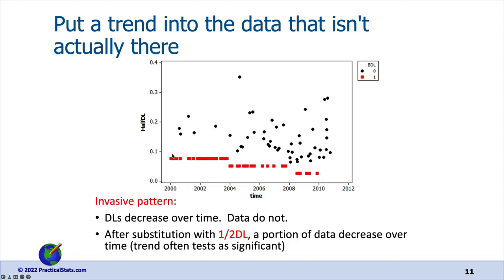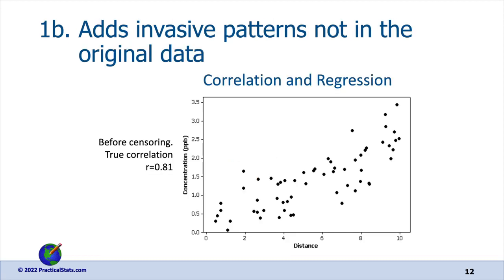And so this pattern might be strong enough to outweigh the no trend in what's left of the data, especially if there's a large percentage of non-detects. Then that decreasing trend could dominate, and you'd come back with a significant trend that is not there in the original data.